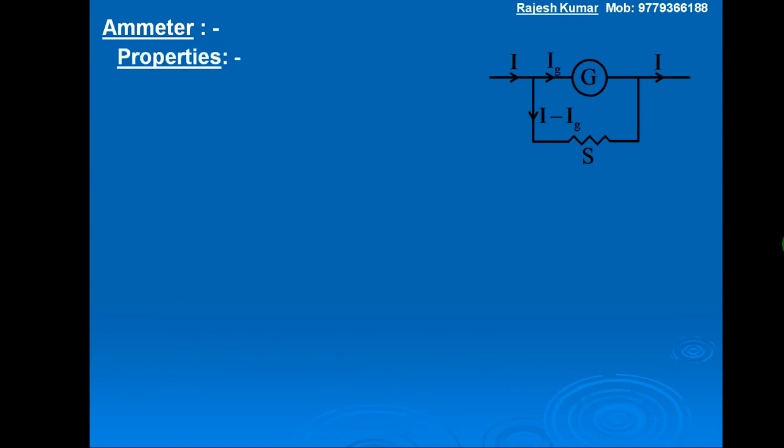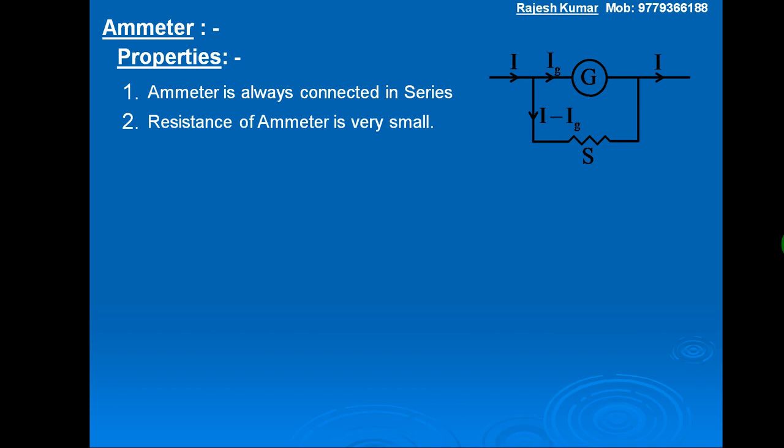Now properties, main properties of ammeter. First one, ammeter is always connected in series. Number 2, resistance of ammeter is very small.